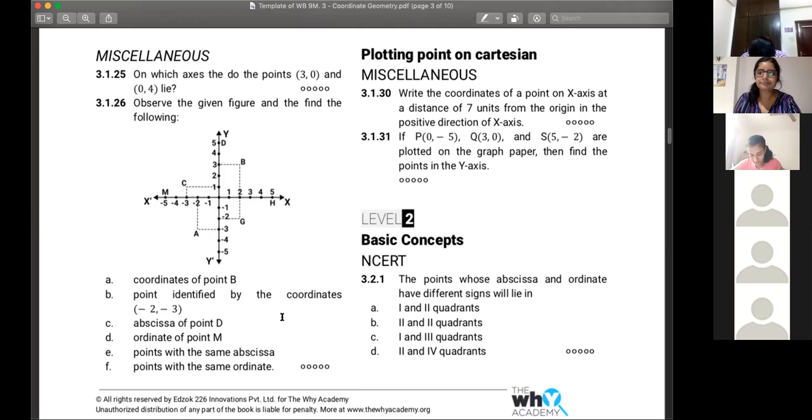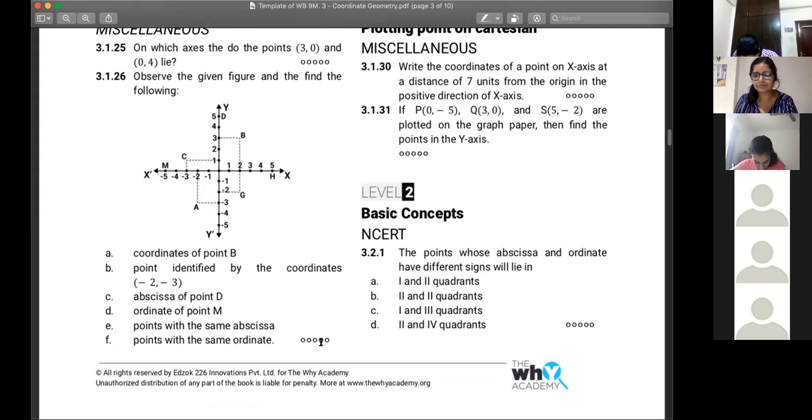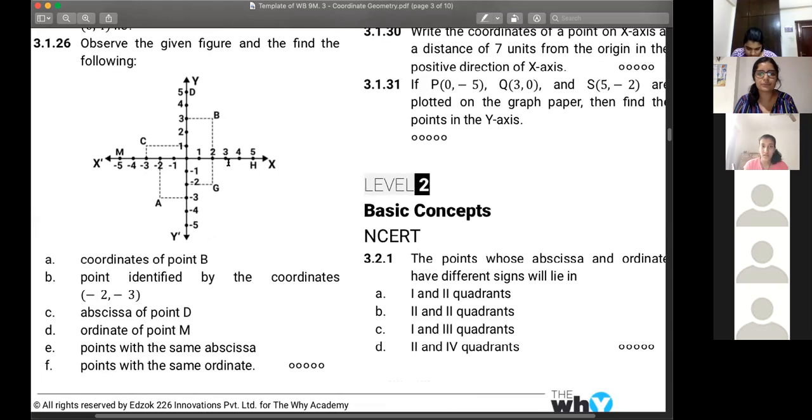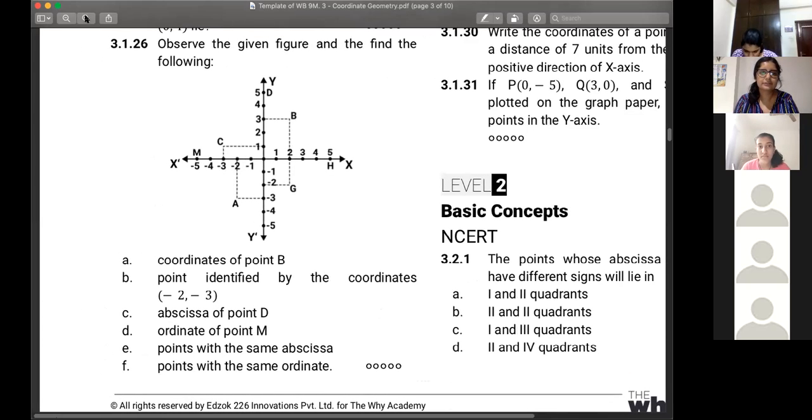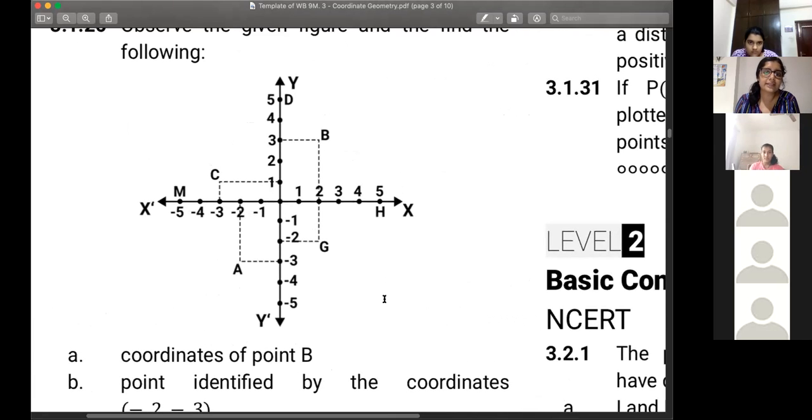Swayam, are you here? Swayam, are you connected? Yes, ma'am. Okay. So Swayam, which are the points with the same abscissa in this figure? I'll just zoom in a little bit. So you need to figure out which points have the same abscissa.